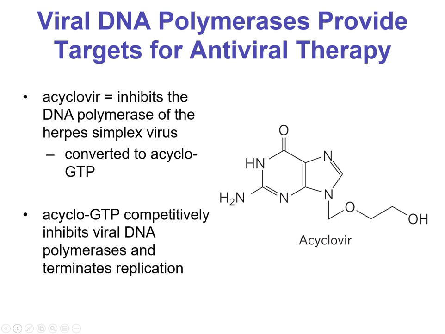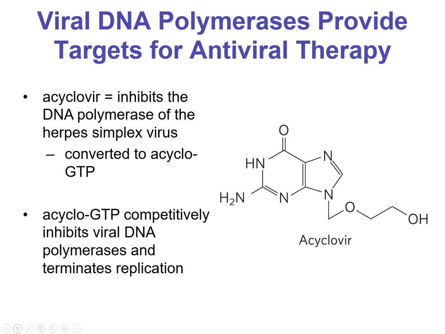To do that, you can exploit differences in structures and functions that will inhibit one protein or one enzyme from doing its job while the organism can still thrive. And that strategy is used here. There are differences in viral DNA polymerases that can be exploited to make antivirals.